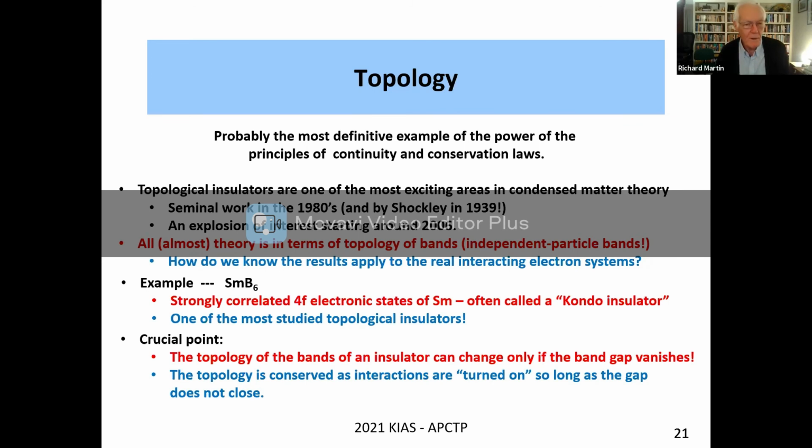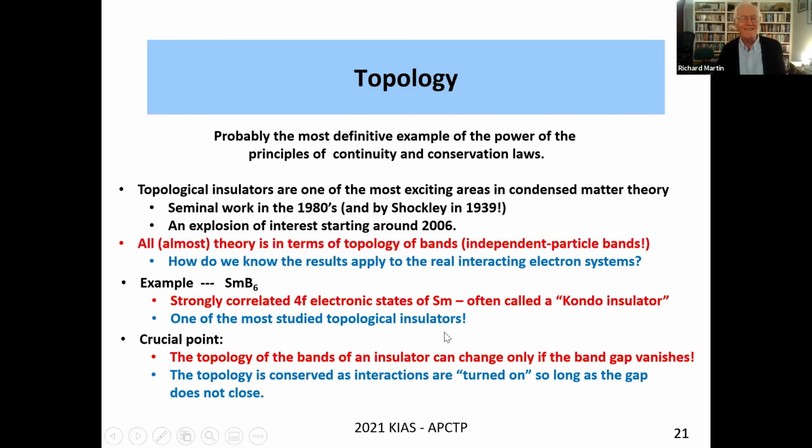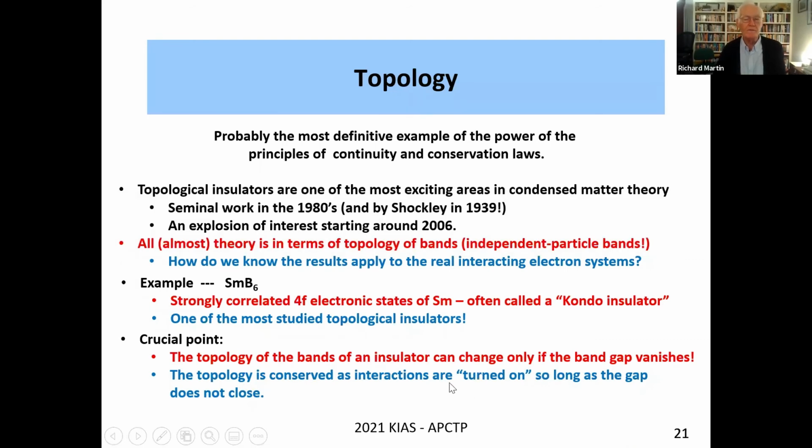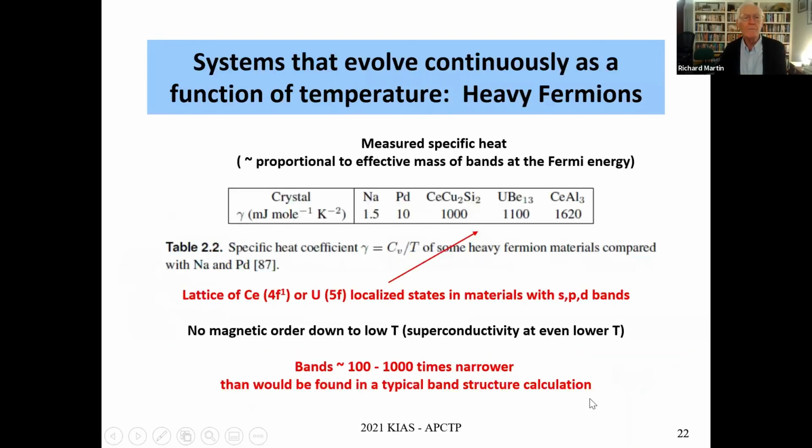Now, there might be some new things that happen, but that would be just some of the interesting possibilities for additional things. But as long as we can be clear that there's no gap that closes, then we're perfectly permitted to use the theory for independent particles to attempt to understand these strongly correlated systems.